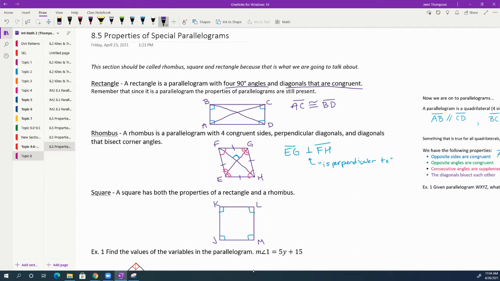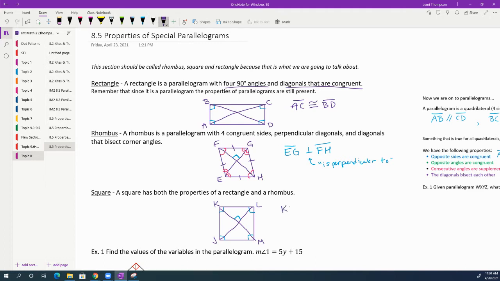We can draw in the diagonals. Ooh, those are not my best work. I know that the diagonals are perpendicular. I also know that the diagonals are congruent.